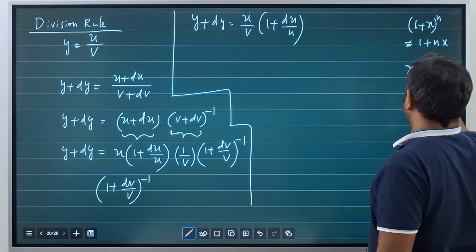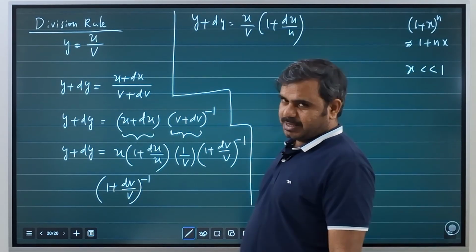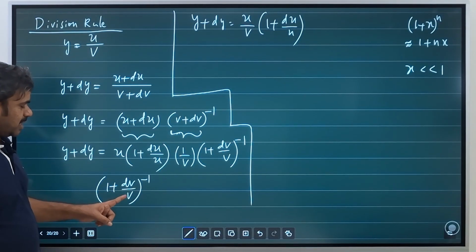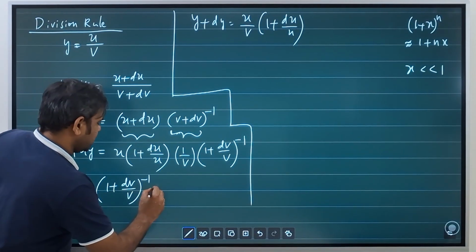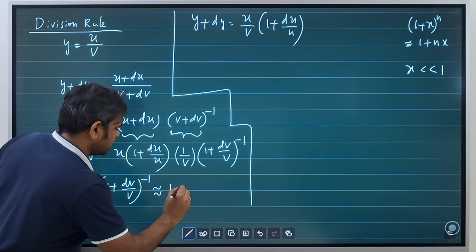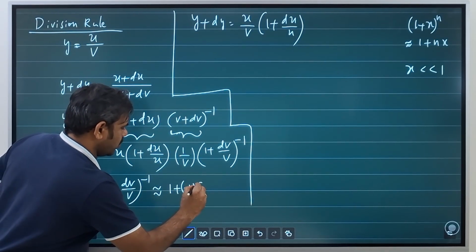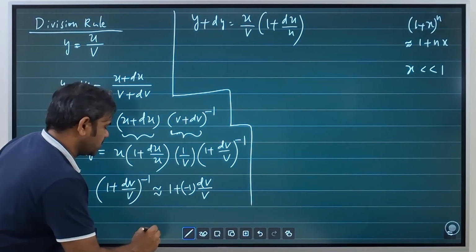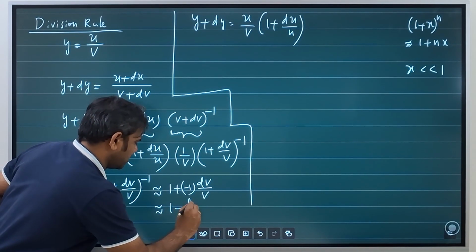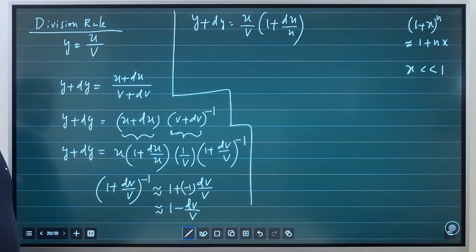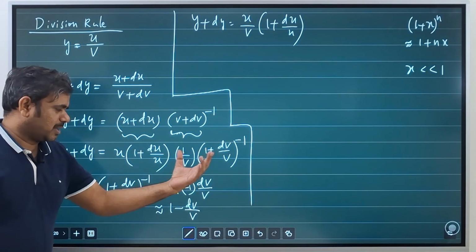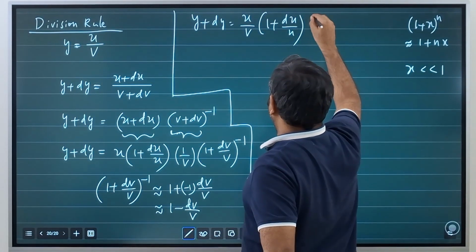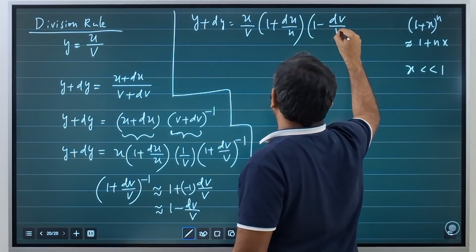We said this condition is valid when x is much smaller than 1. Here dv is much smaller than v, it means dv by v is much smaller than 1. So 1 plus dv by v whole power minus 1 is approximately equal to 1 plus nx. N is minus 1 here. So 1 plus minus 1 into dv by v, or 1 minus dv by v. So let's write 1 minus dv by v here.